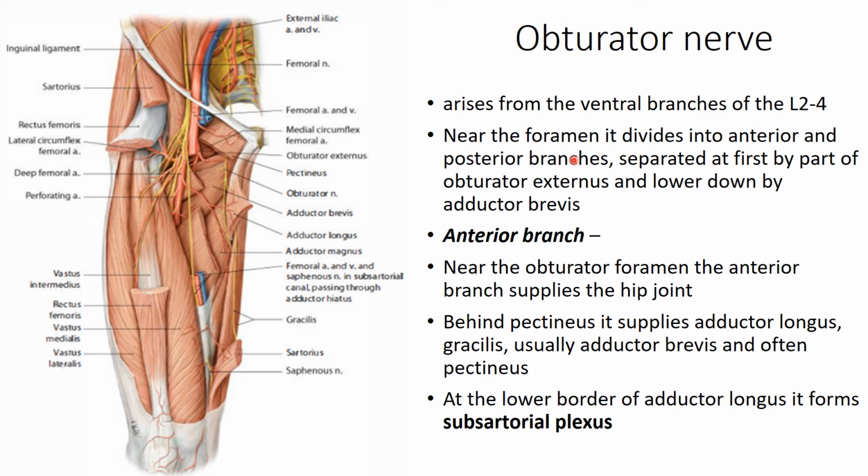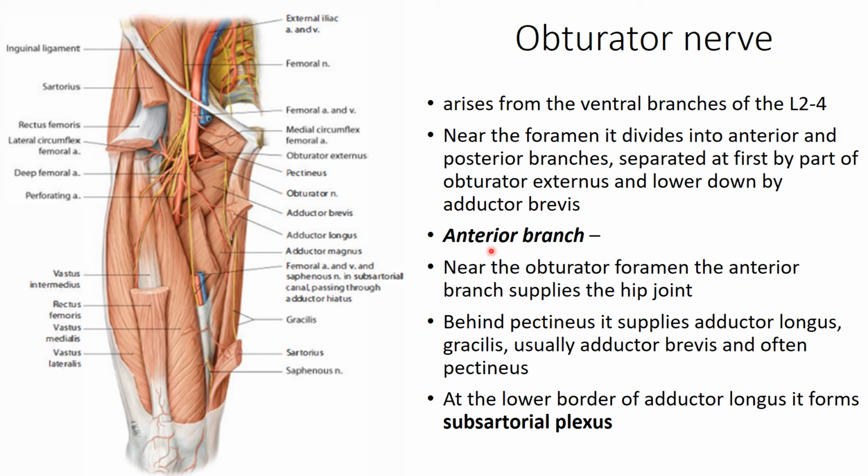These are initially separated by the obturator externus, and later on, as we have already discussed, by the adductor brevis. So anterior to the adductor brevis is the anterior branch, posterior to it is the posterior branch.